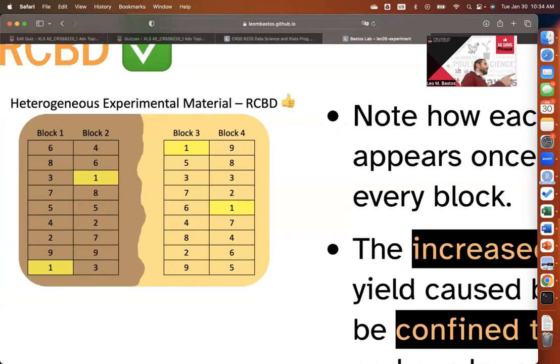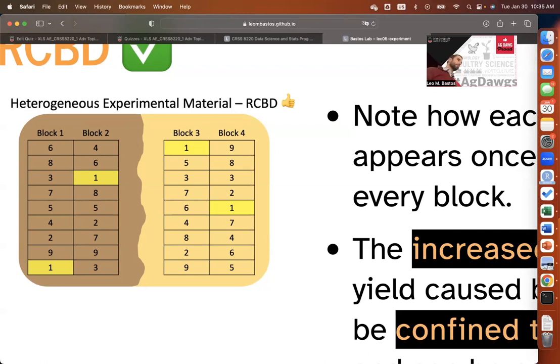Let me pick on the controlled environment students for a moment. What would be a common blocking factor for you? I'm working right now within the greenhouse. Usually we have different conditions within the same greenhouse, the entrance and then the other side of the greenhouse. In my case, I was blocking by bench.